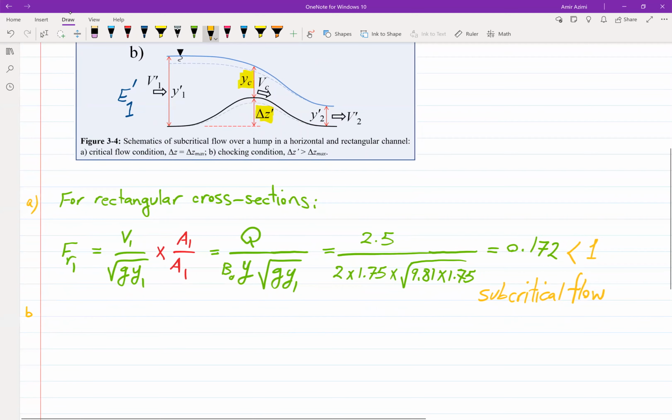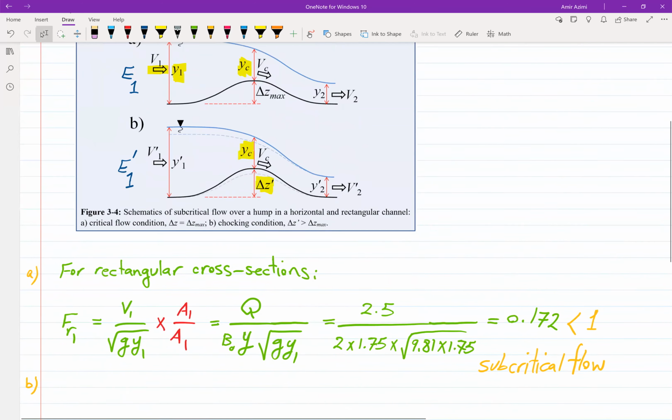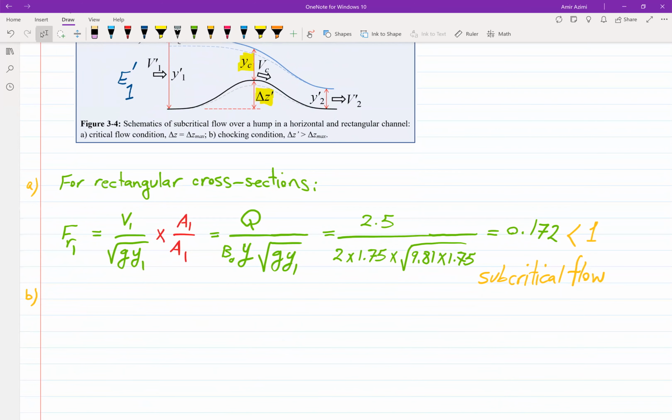So in part B, we would like to know what is the critical depth. So we calculate critical depth.